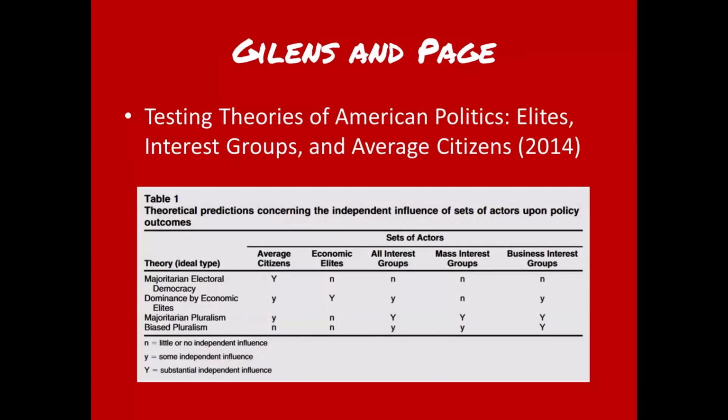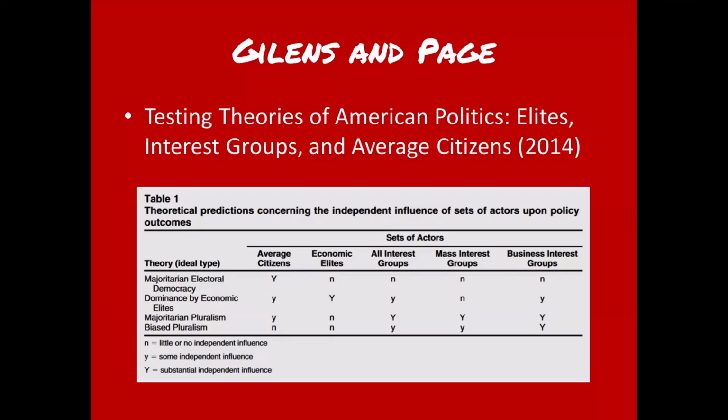But note the landmark study of Gilens and Page, testing theories of American politics, elites, interest groups, and average citizens, from 2014. Here they looked at various policy decisions made by the U.S. government between, I think it was 1983 to 2003, maybe a little bit later than that, but not a whole lot later.